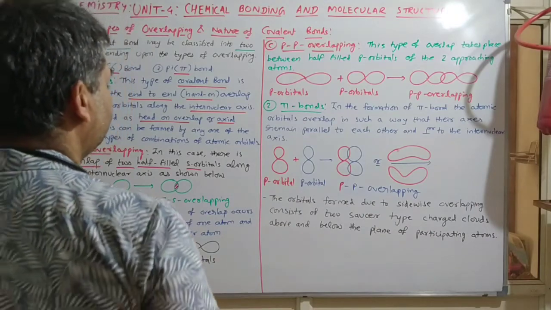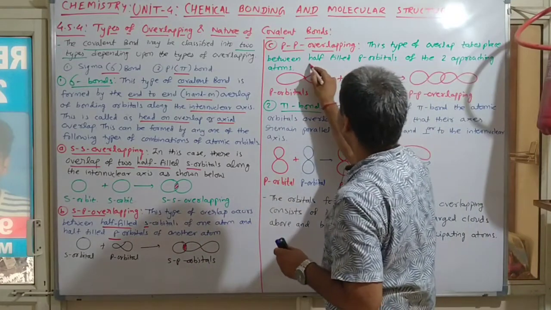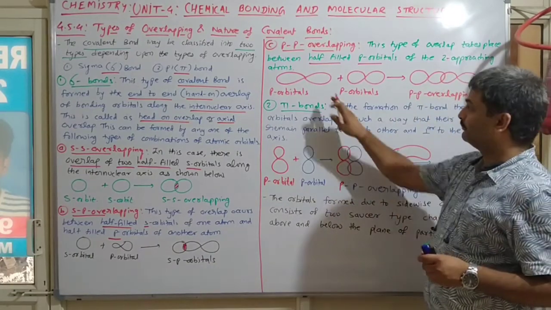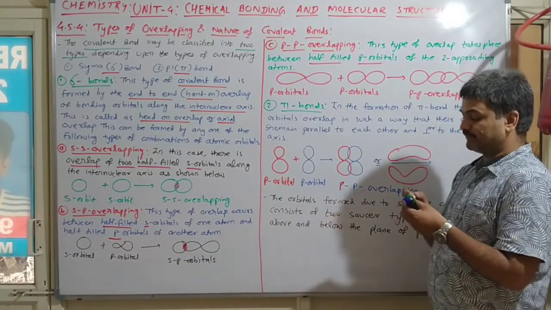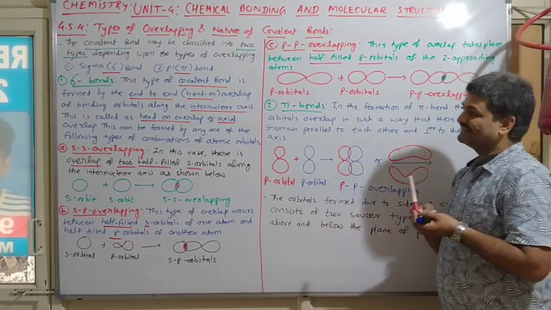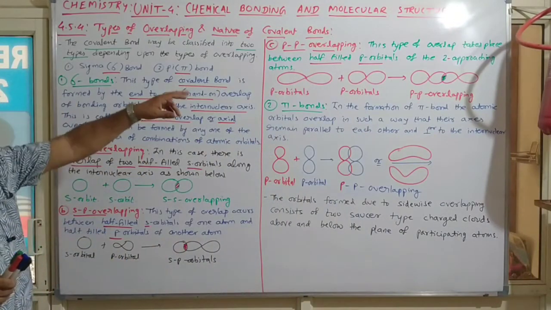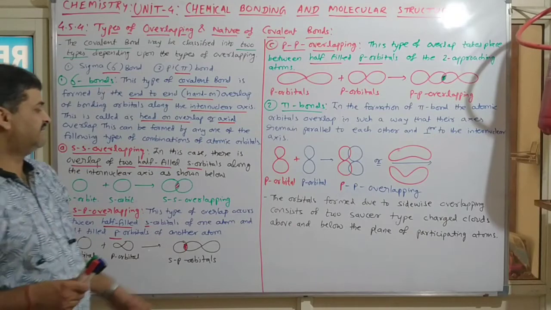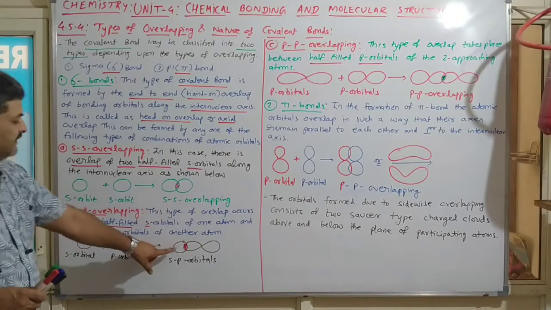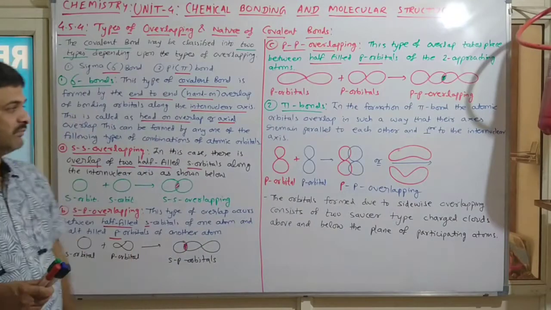Now we will discuss here pp overlapping. So this type of overlap takes place between half filled p orbital of two approaching atoms. So p orbital, and this is pp overlapping. This, we call sigma bond. In this way we can see that in ss overlapping, in sp overlapping and pp overlapping, head to head overlap is there. Look, this is head to head, this is head to head, this is head to head. So this is normally known as sigma bond.